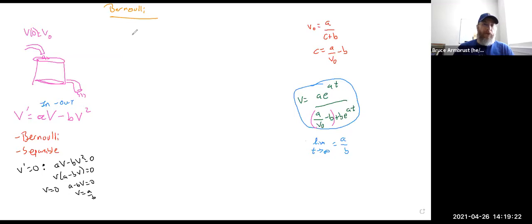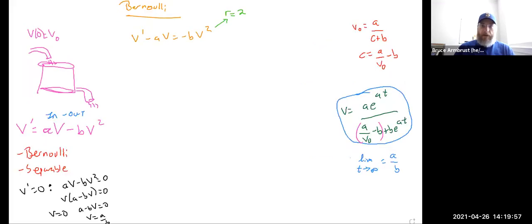All right, so first thing we should do for the Bernoulli is let's get it into the right form. So we want the linear piece over here, and then the part with the other power on this side. And I will try to use the notation of the book, but I don't remember exactly what they say. I think we're going to go with r is equal to 2, which is the exponent on that piece.